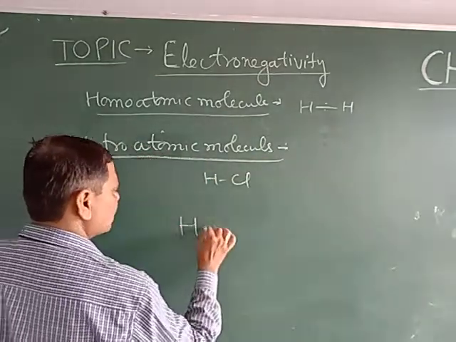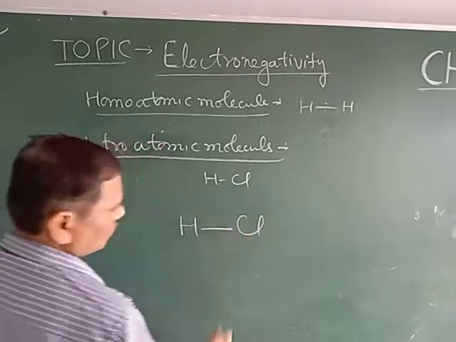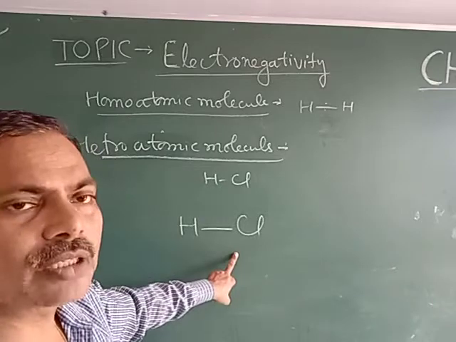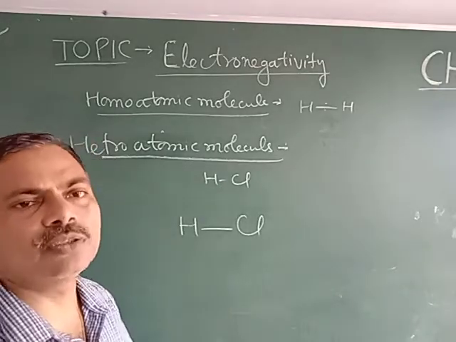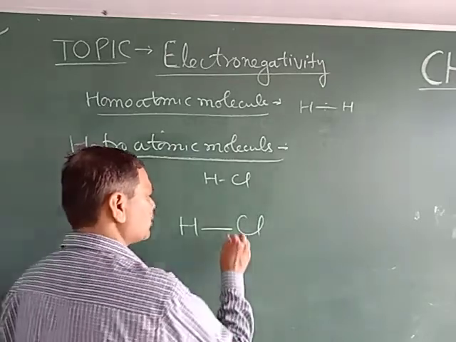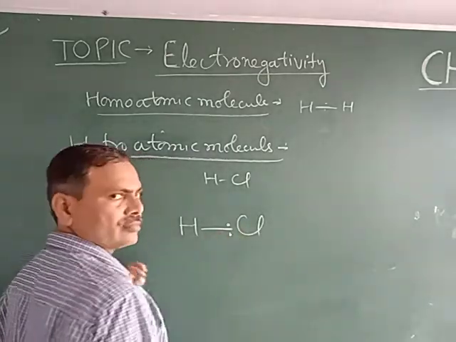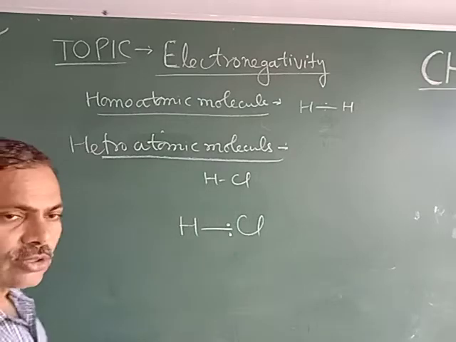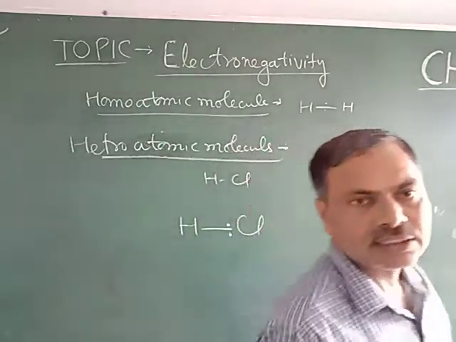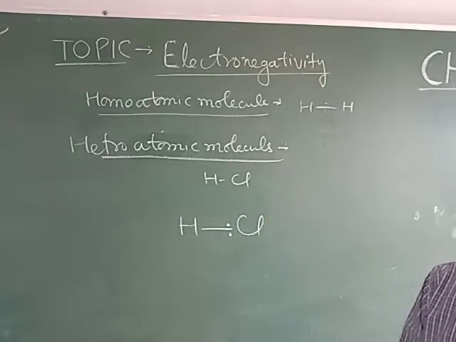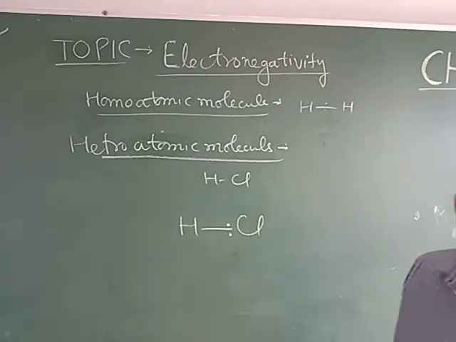In case of HCl molecule, the shared pair of electrons are not present at the middle, but they are shifted towards the chlorine atom. Because chlorine has a tendency to attract the bonded pair of electrons towards itself.